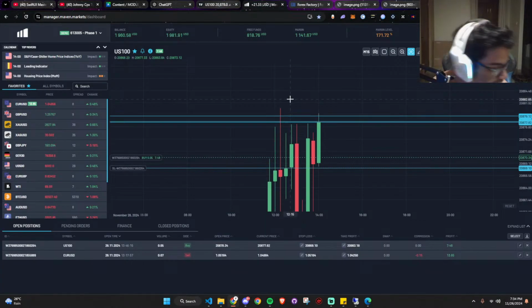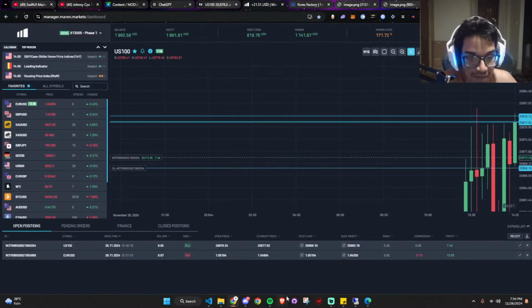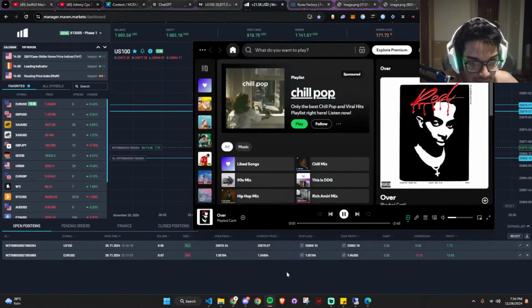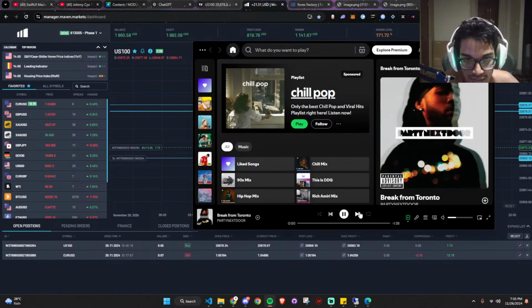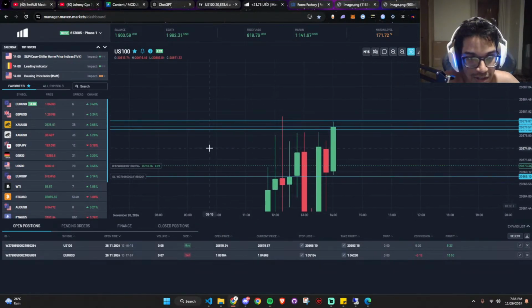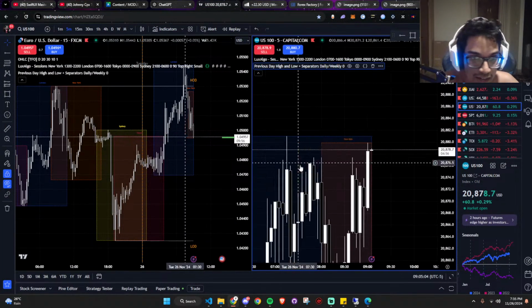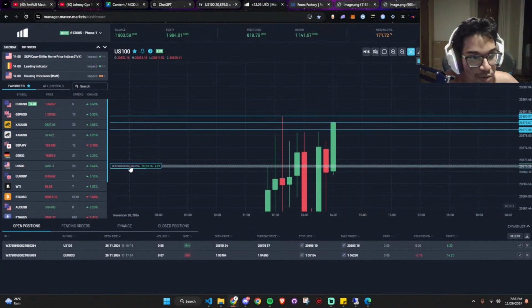Let's see. As soon as we break even, we get out. We don't need to be in front of the charts. What just happened? As soon as we hit that breaker structure, okay. Seems like we're close in there.